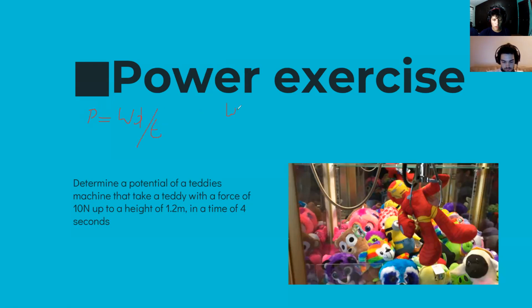We know that the force is 10 newtons, the distance is 1.2, and the time is 4 seconds. We substitute in the formula, and the final result is 48 newtons.